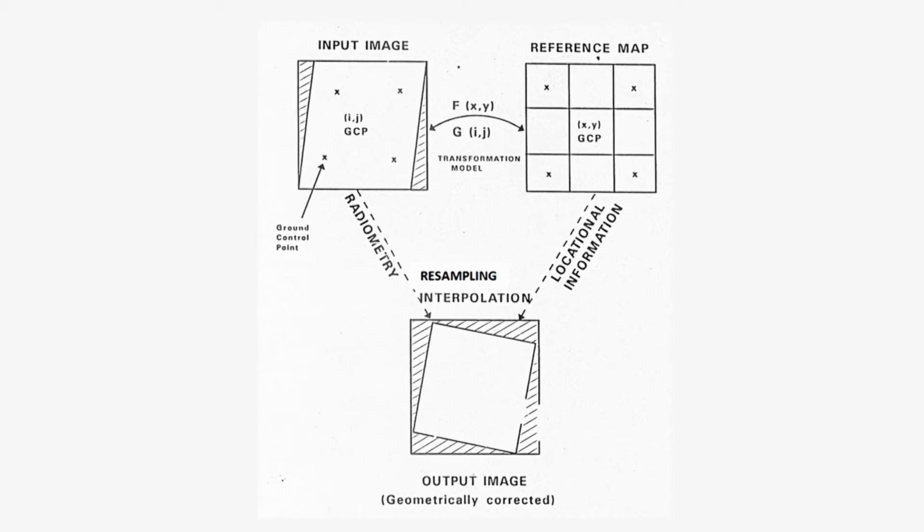And by doing a third step here, resampling, sometimes you may find people use the word interpolation, but interpolation is not an appropriate term here. Resampling is the more appropriate term, and ultimately you reach this. So there are three major steps in georeferencing.